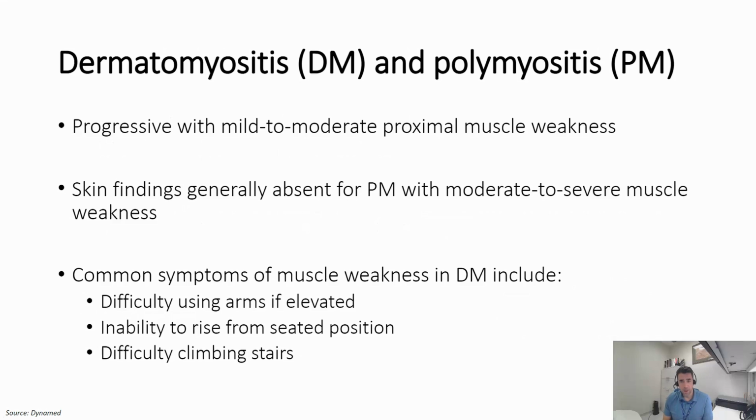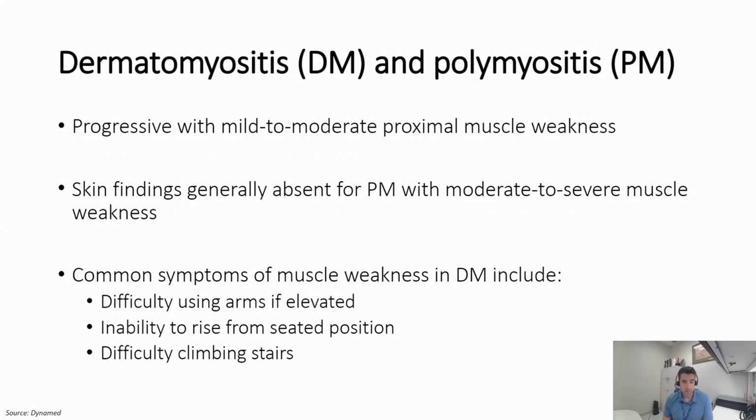Now, dermatomyositis and polymyositis are generally progressive with mild to moderate proximal muscle weakness. Skin findings are generally absent for polymyositis, with moderate to severe muscle weakness.